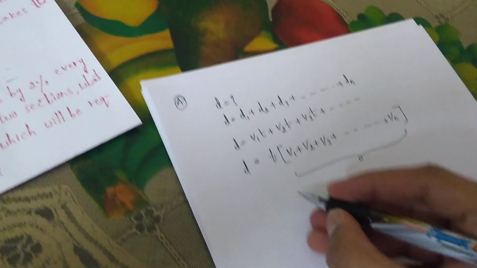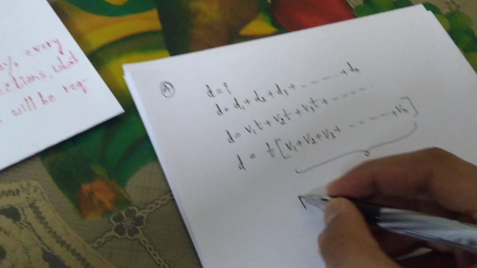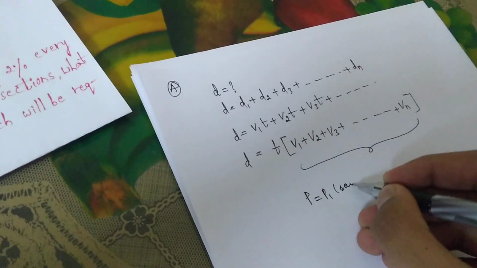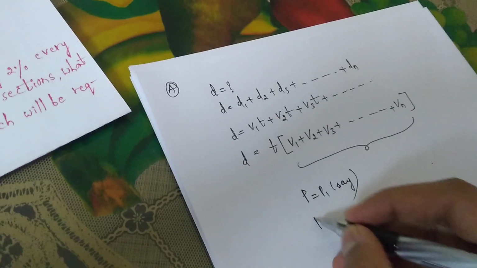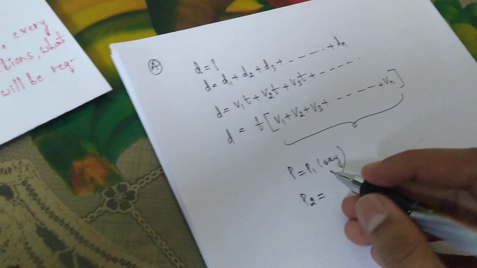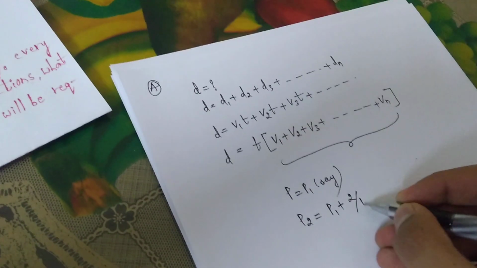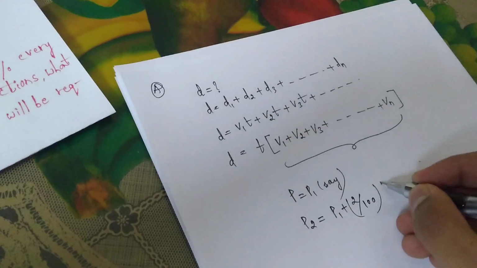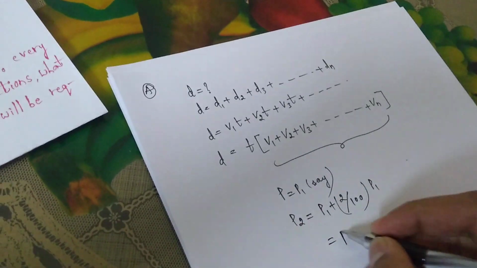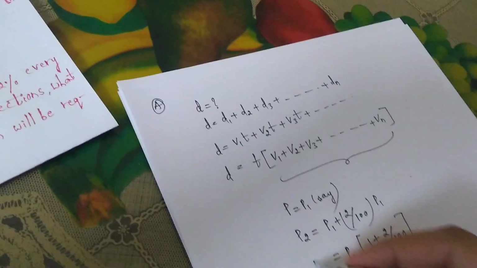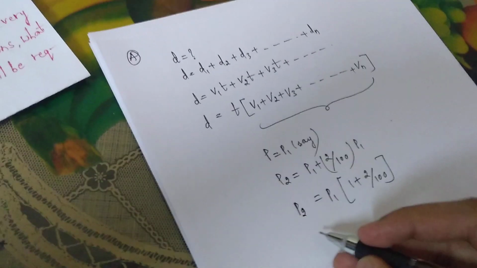And how am I going to do that? Let's see. Suppose while entering the first section, let the momentum be p1. While entering the second section, its momentum increases by 2%, that is p1 plus 2/100 into p1 equals p1 times (1 plus 2/100), and this is p2. And what happens to p3?